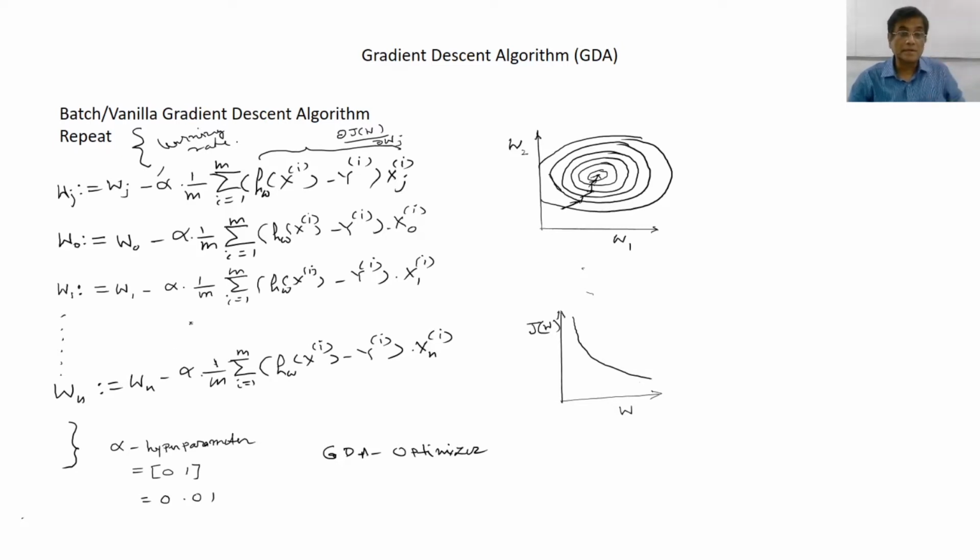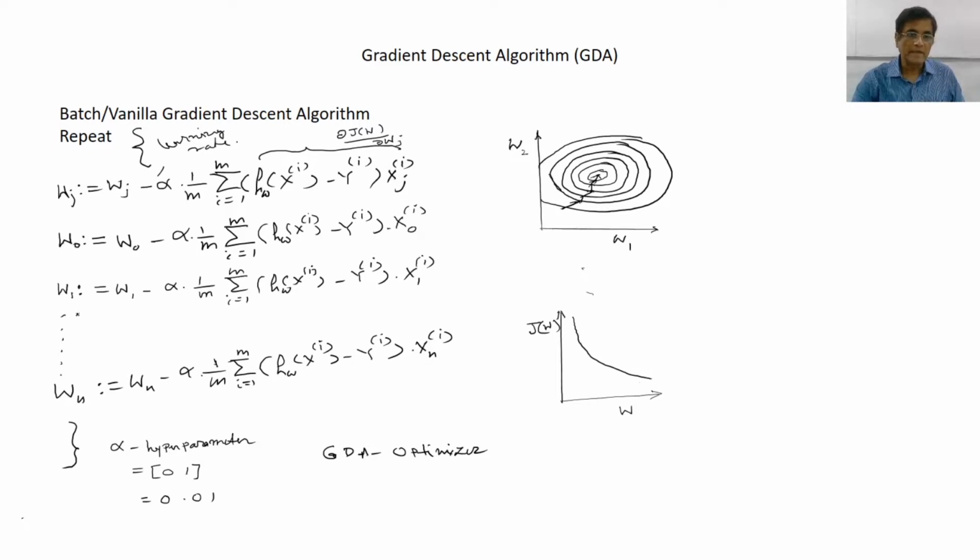It is a hyperparameter because it controls by how much amount Wj will be compensated and how fast Wj will converge. That means now we are writing it in individual form.